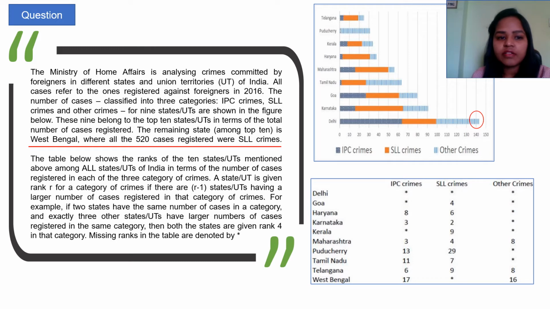Also, one thing to note is that in West Bengal there are 520 cases, all SLL. And for Delhi, if you see all 3 types of crimes together, it is 145 or 144. So clearly West Bengal is the state with the highest number of crimes. You can get this directly from the question itself. Just keep this in mind and let's start looking at the questions.